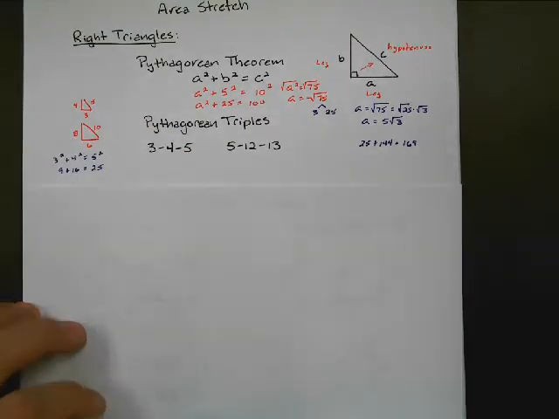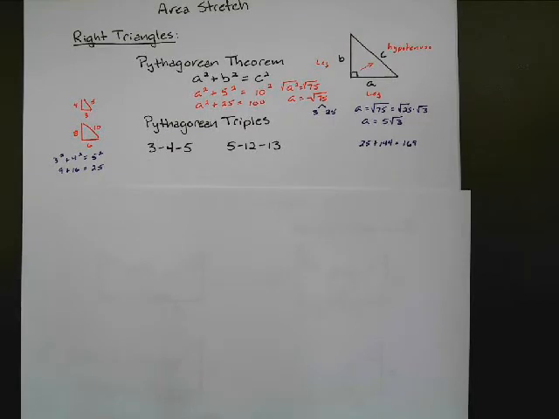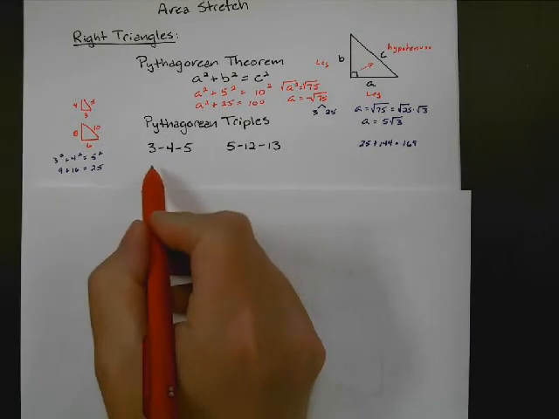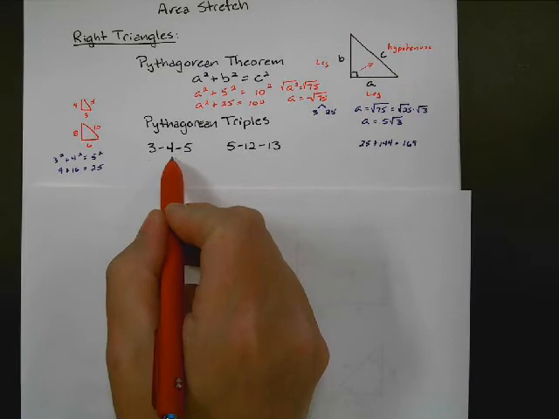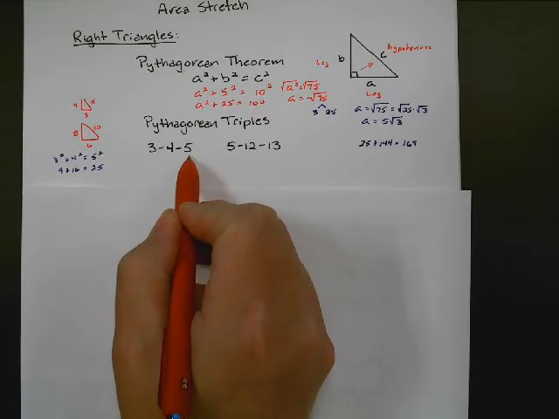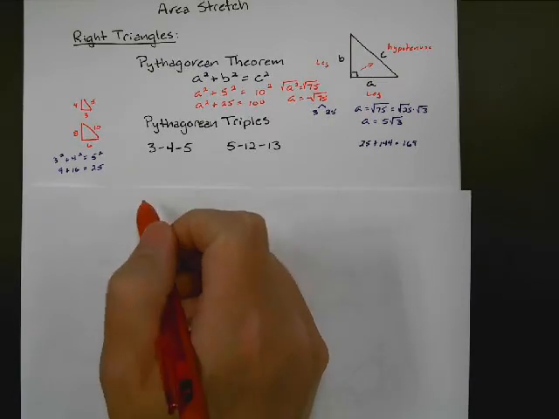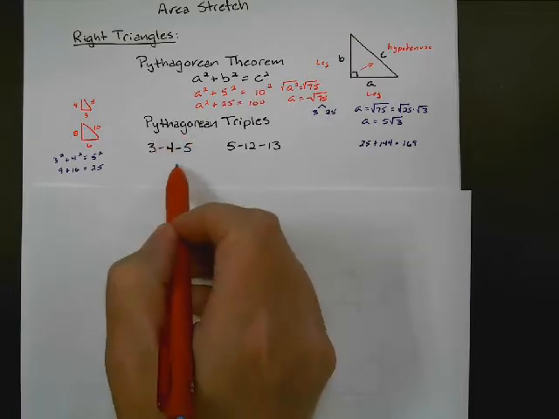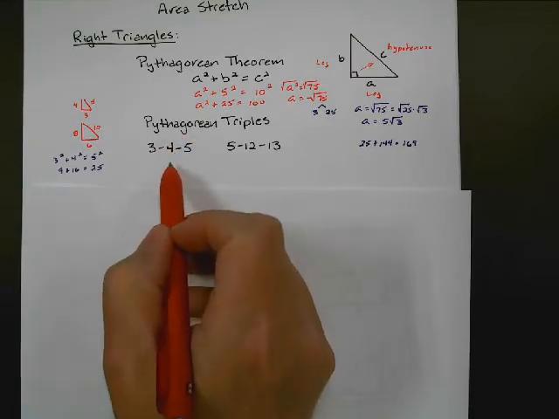So 6, 8, 10 is just another form of the 3, 4, 5 triangle. And you can keep on doing that by multiplying each of the sides by some number. So if I had a 9, 12, then this side would be 15, because it'd be a 9, 12, 15 triangle, which is a 3, 4, 5. This is just the base pattern to it.